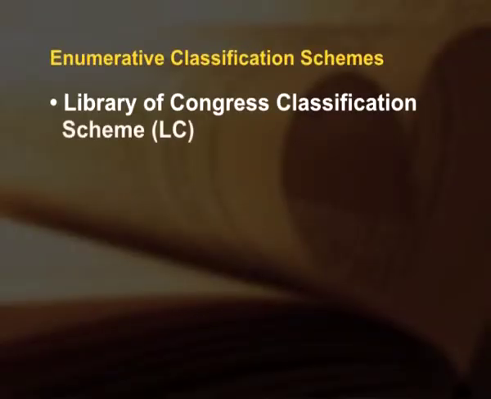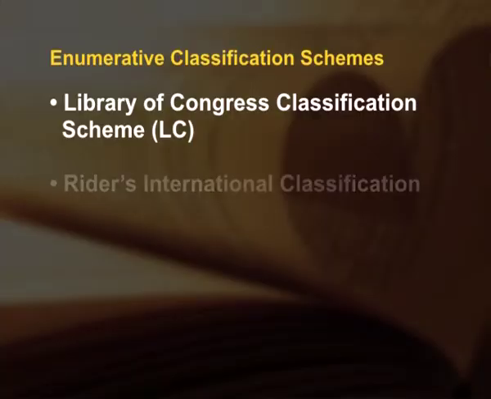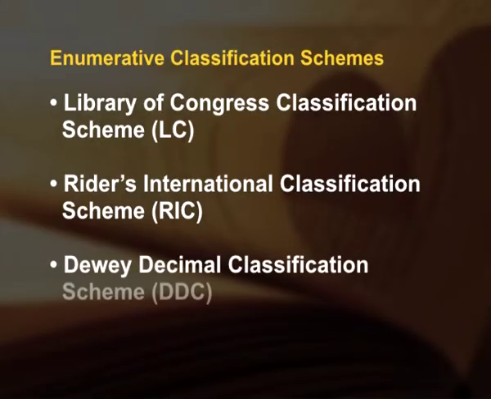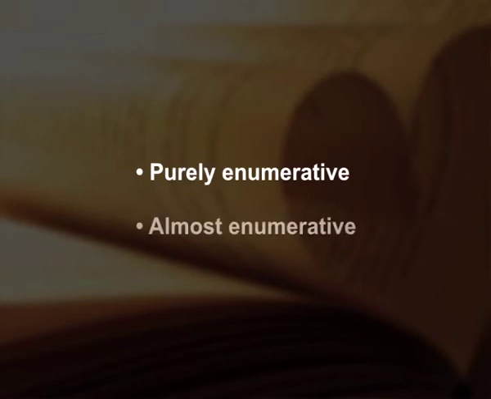Library of Congress Classification Scheme (LC), Ranganathan's... Rather, Ryder's International Classification Scheme (RIC), and Dewey Decimal Classification Scheme (DDC) fall in the category of enumerative classification schemes. The enumerative schemes are further categorized into two: purely enumerative and almost enumerative.